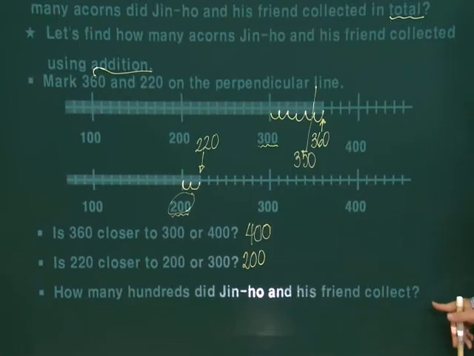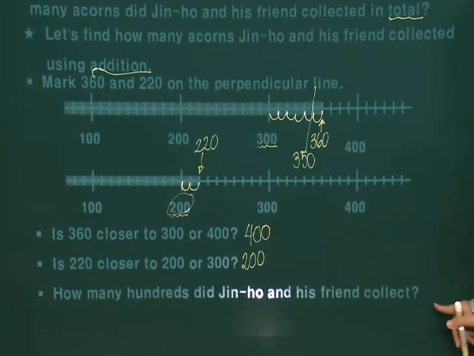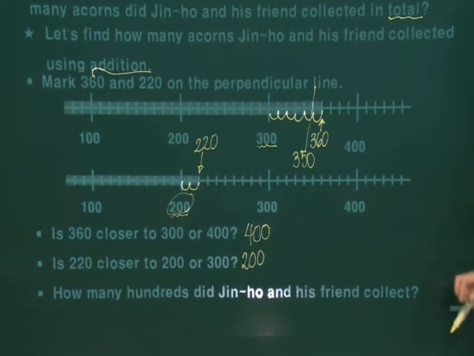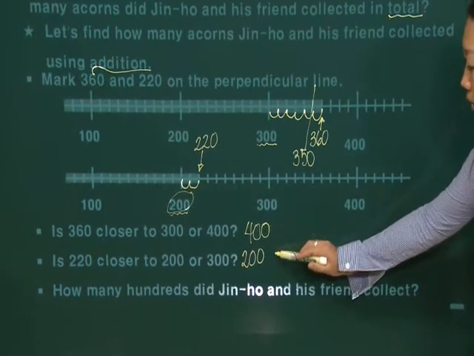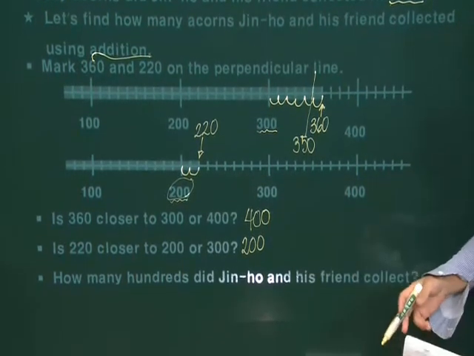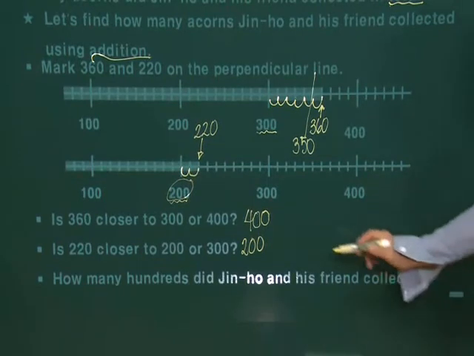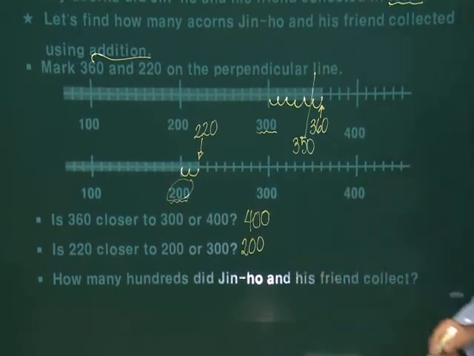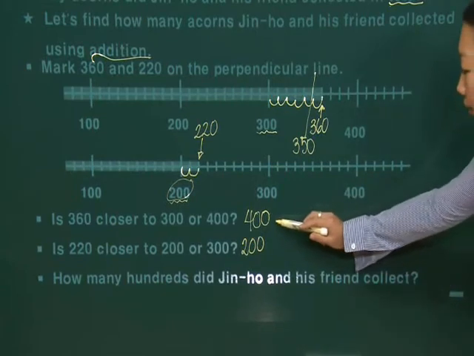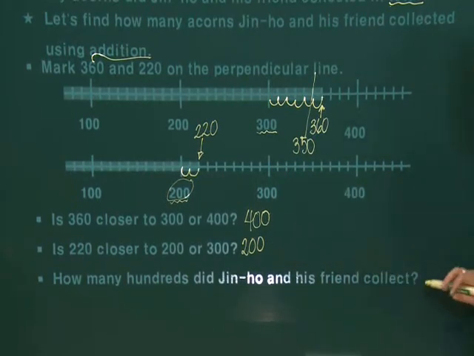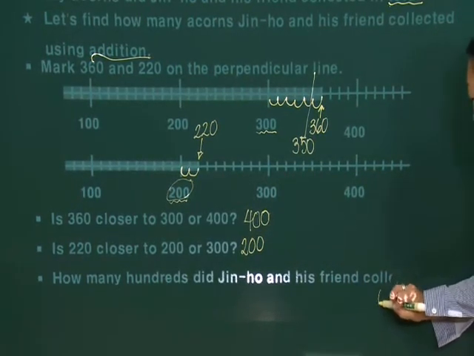It says, how many hundreds did Chino and his friend collect? Here we have 400 and 200, right? In order to do that, we need to add. So 400 plus 200 equals how much? Let's see. 0 plus 0 equals 0, right?